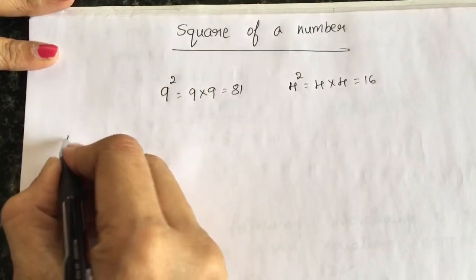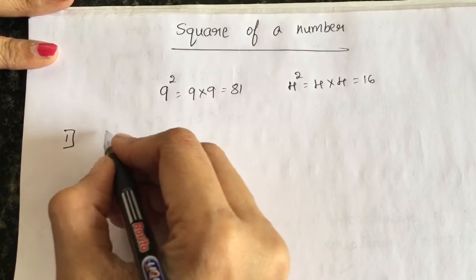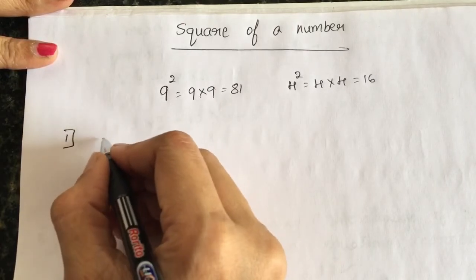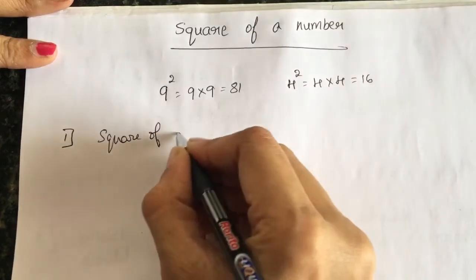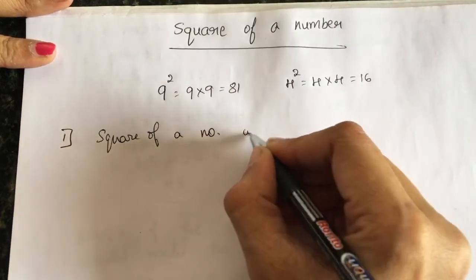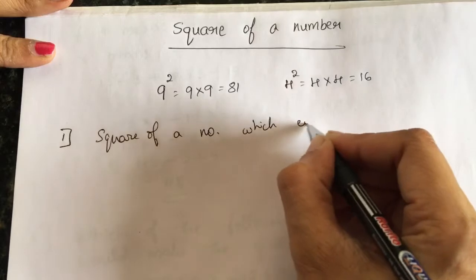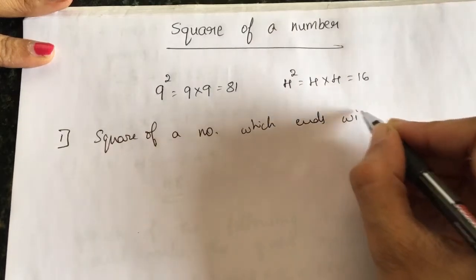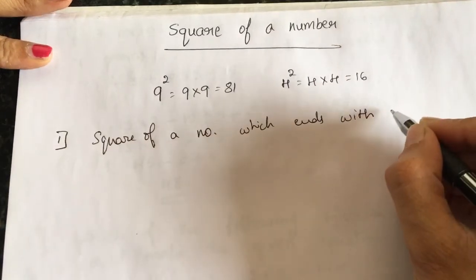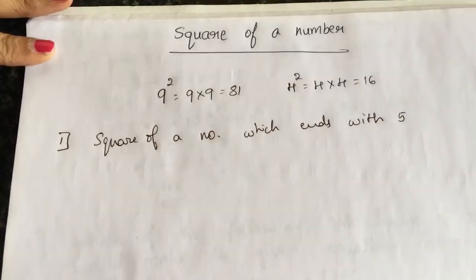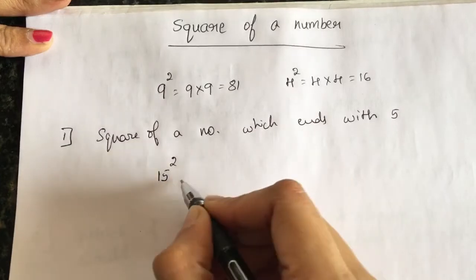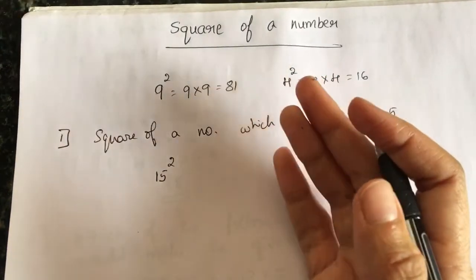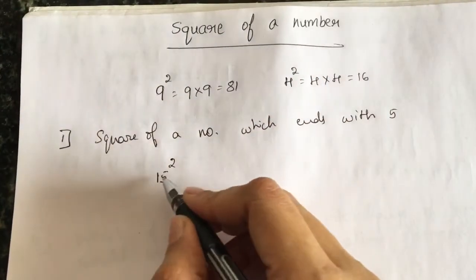First case: the square of a number which ends with 5. Suppose you have to calculate 15 square or 35 square, like that. Say the first problem is this.